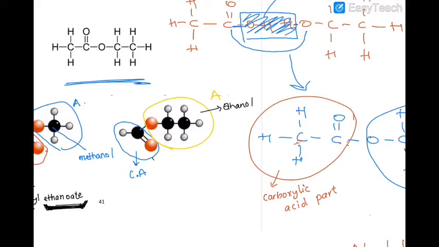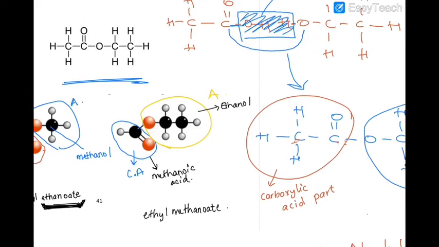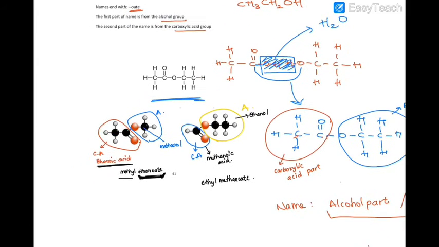And the carboxylic acid has 1 carbon, so methanoic acid. And when I'm naming, I will name the alcohol first, so ethyl methanoate, because the methanoic acid will form the methanoate salt. Okay.